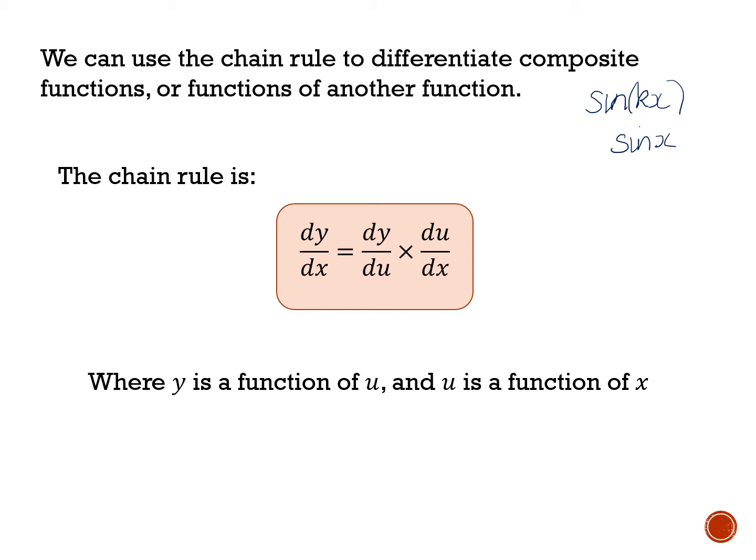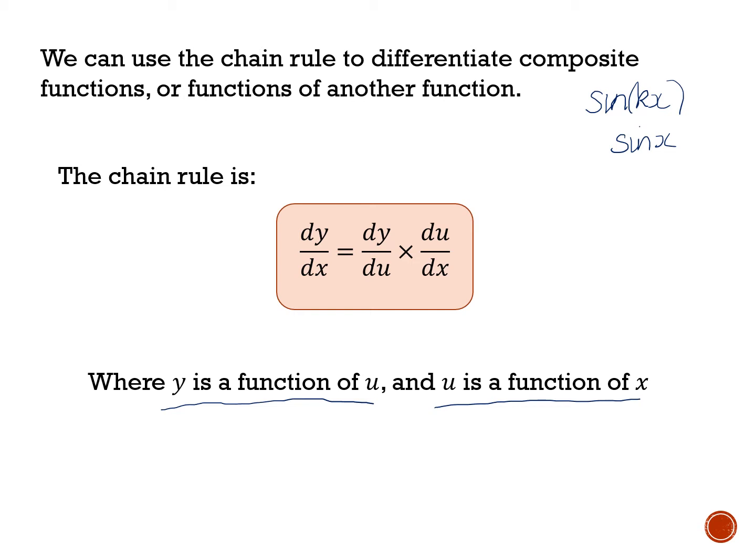So this is what the chain rule looks like. If you've got y as a function of u and u as a function of x, then if I do the chain rule, I can do dy/dx as dy/du times du/dx.